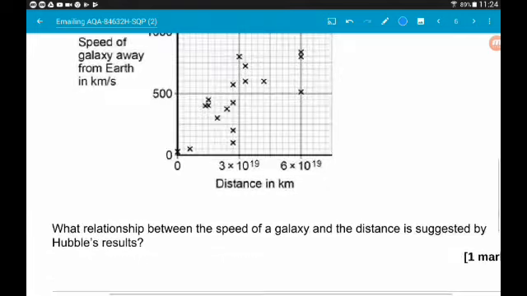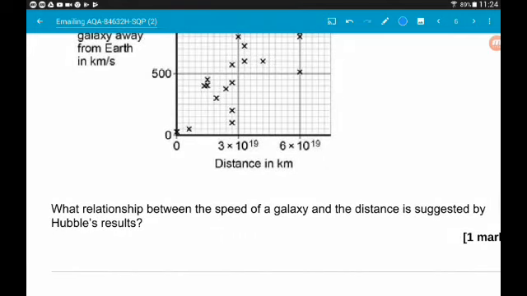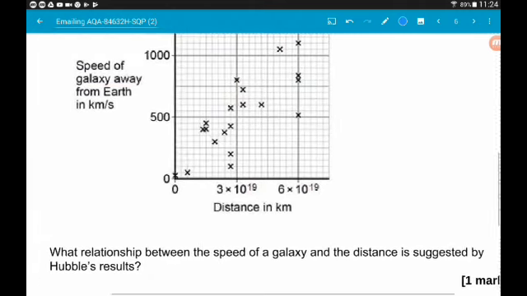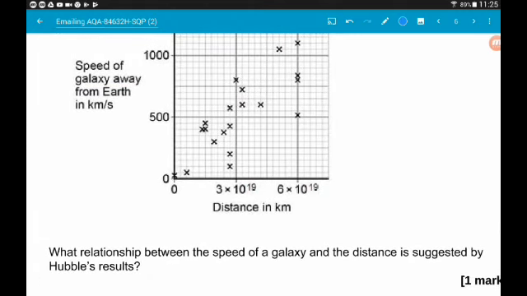We are asked what relationship between the speed and distance of a galaxy is suggested by these results. So we can see there is a general trend that as the distance along the bottom increases, so too does the speed of the galaxy.